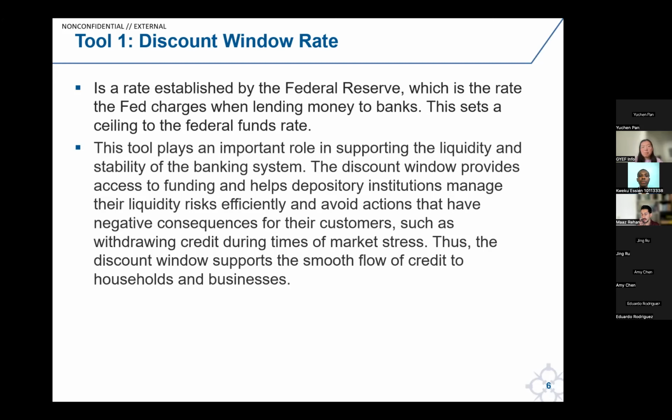After recent developments with Silicon Valley Bank and Signature Bank, the Federal Reserve System opened up the discount window and changed some of the lending requirements to help other institutions have a smooth flow of credit and access to funding, as it was a time of heightened stress in the market.